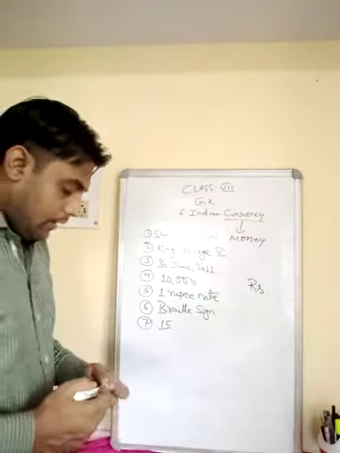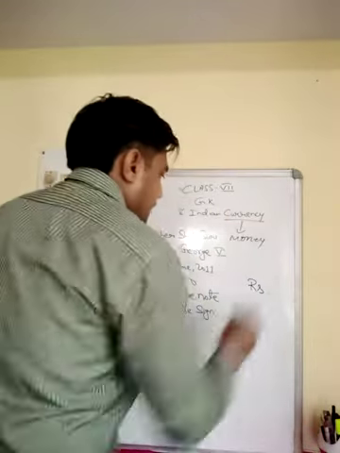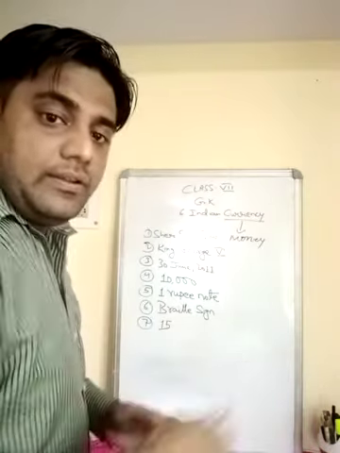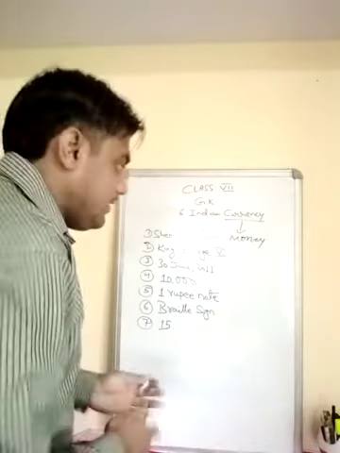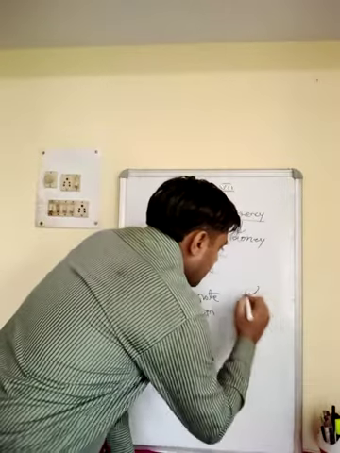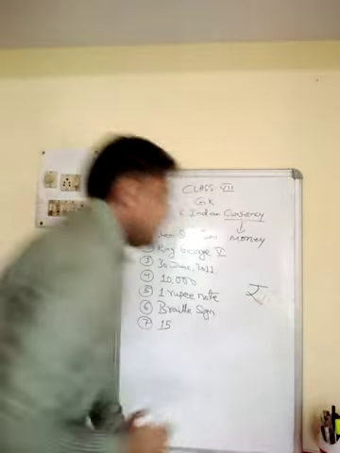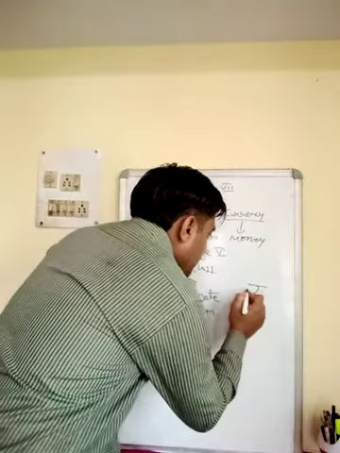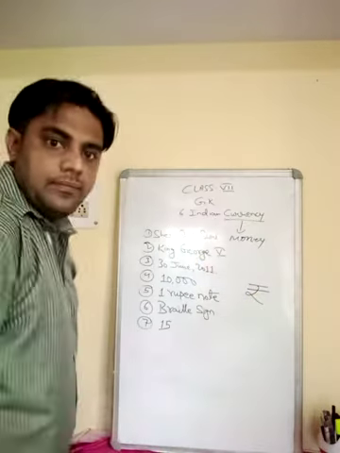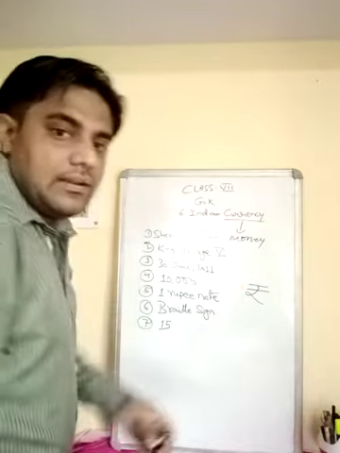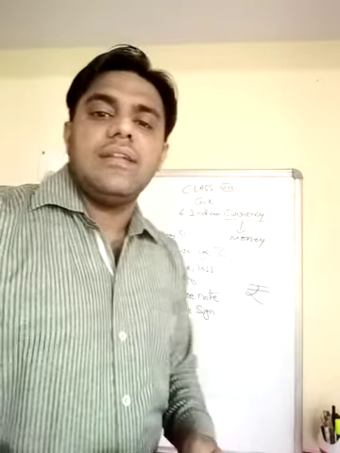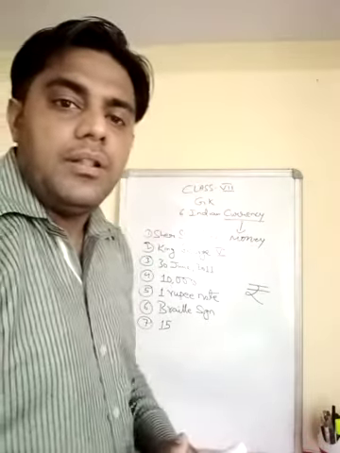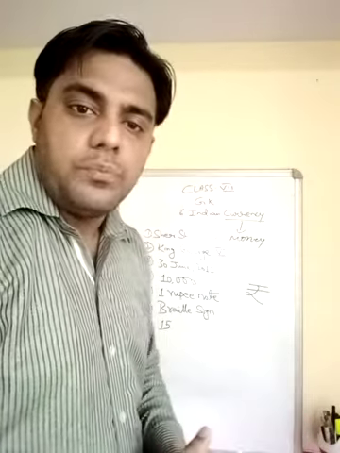In 2010, a particular person created a new rupee symbol which is currently in use. He used Ra from the Devanagari script, that is Hindi, and he put two parallel lines like this. These two parallel lines represented our Indian national flag, and this became the standard symbol for representing rupees in our country.